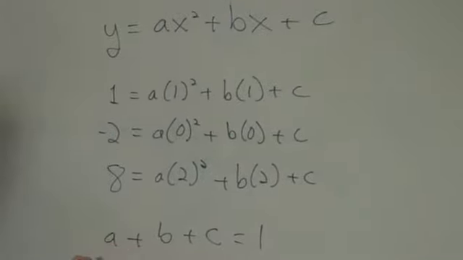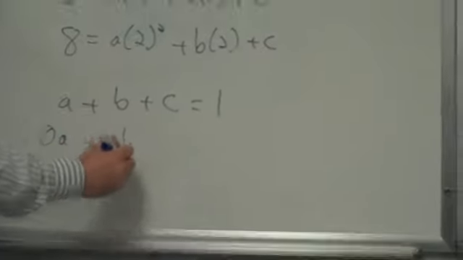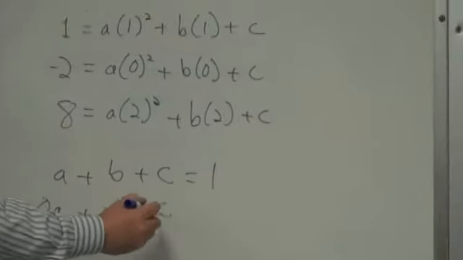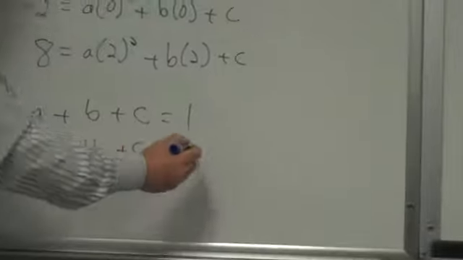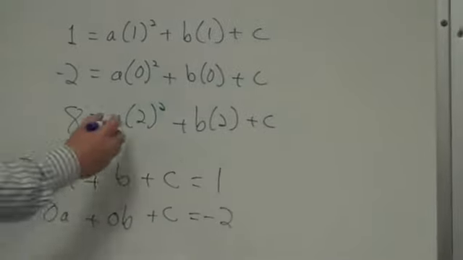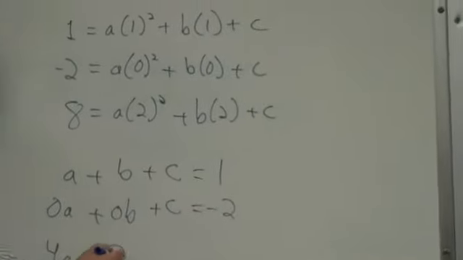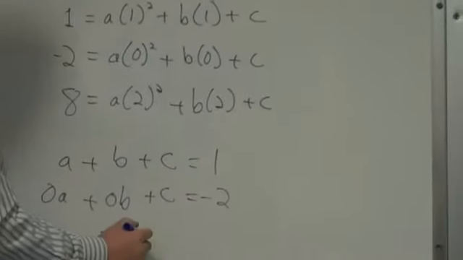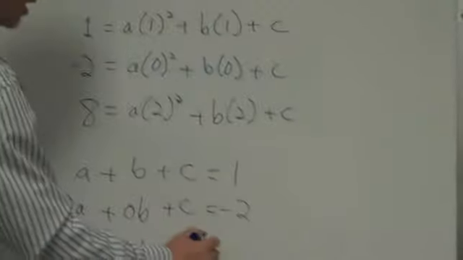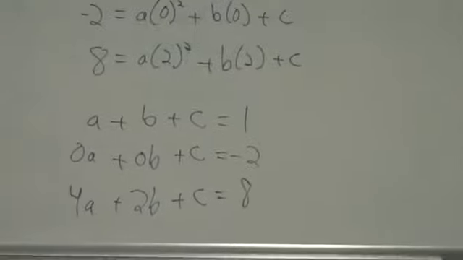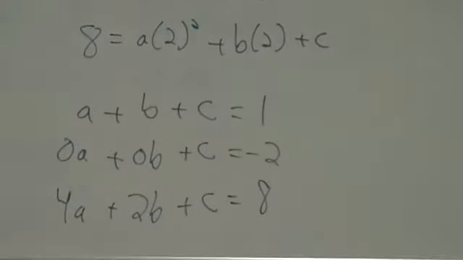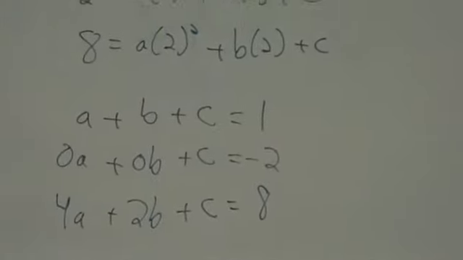This one would be 0a plus 0b plus c equals negative 2. And this one would be 4a plus 2b plus c equals 8.